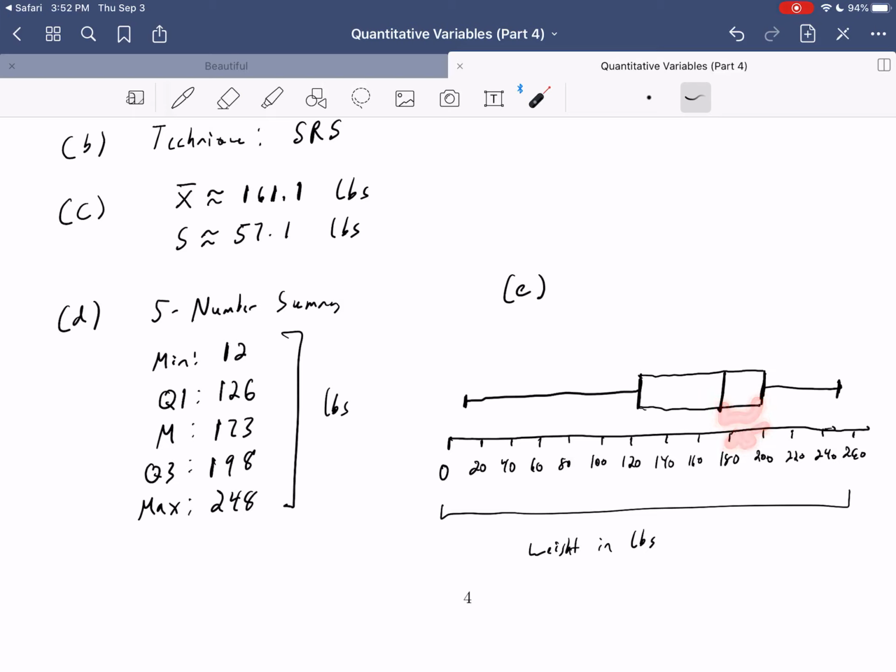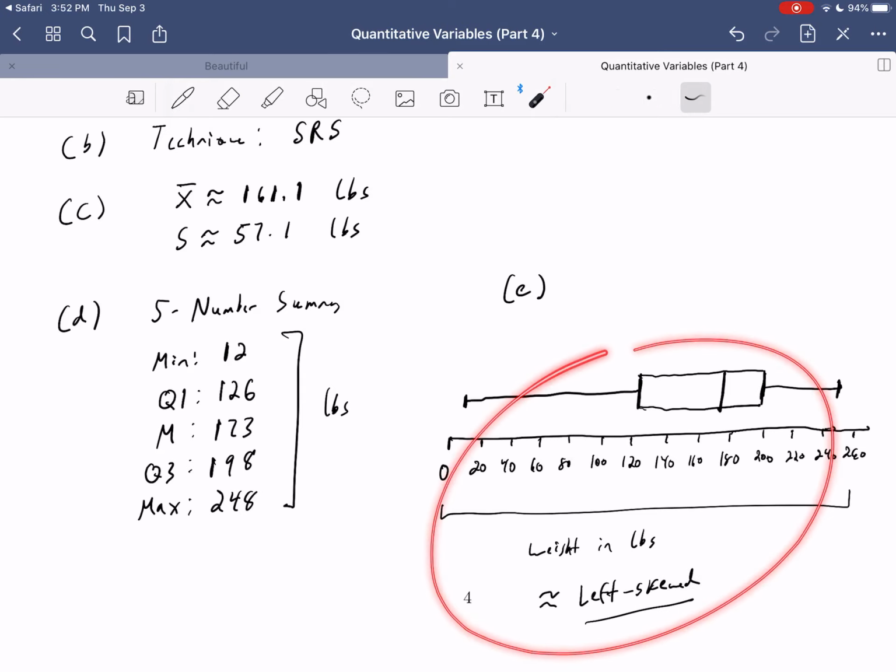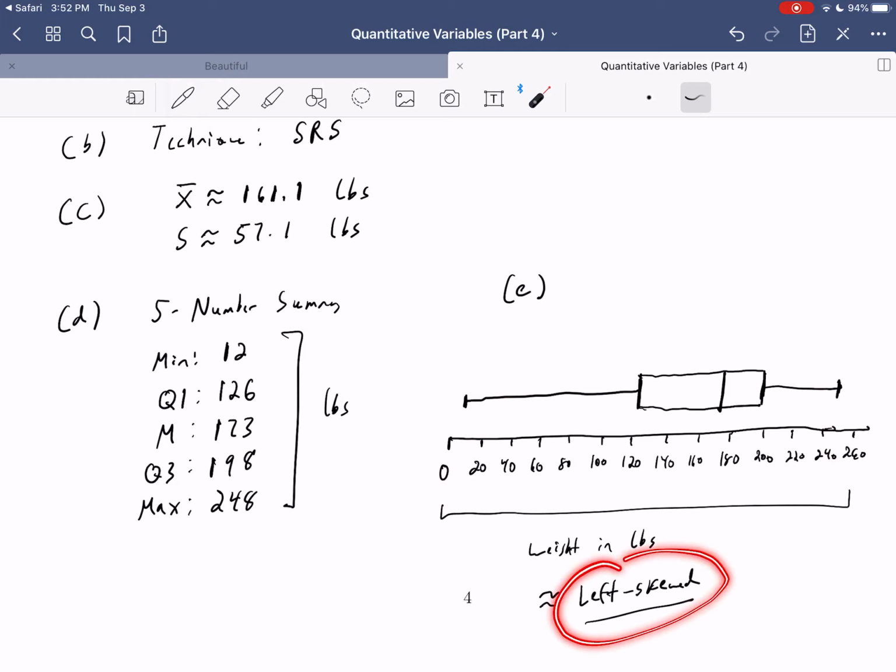So that means this is much smaller than this, and the larger portion is on the left-hand side. So we'd say that this is approximately left skewed. Our claim for the shape based on our box plot here is left skewed. Does that make sense based on our mean and median?